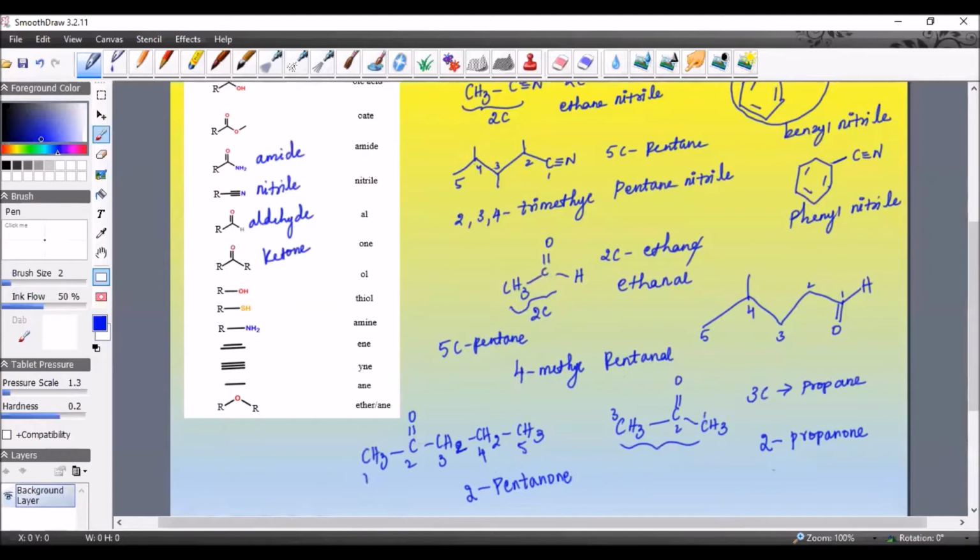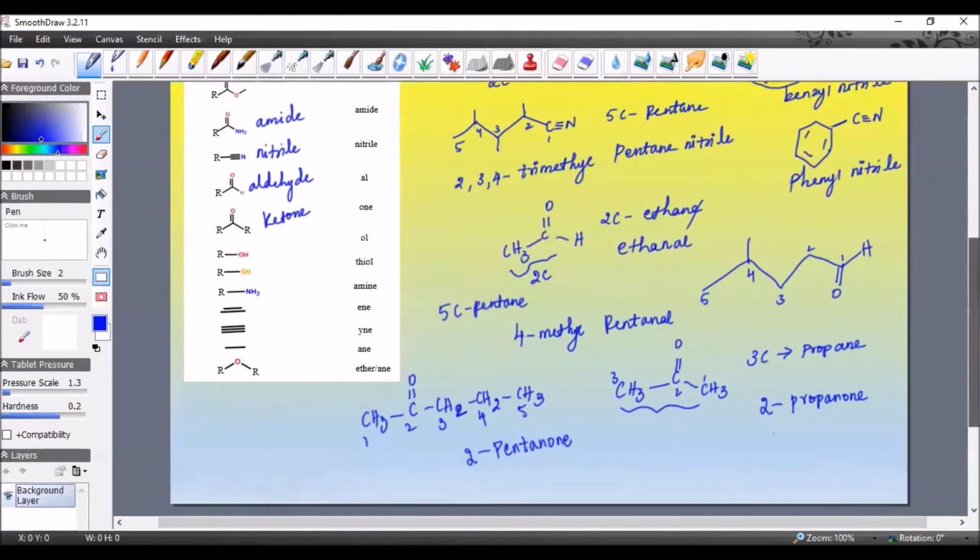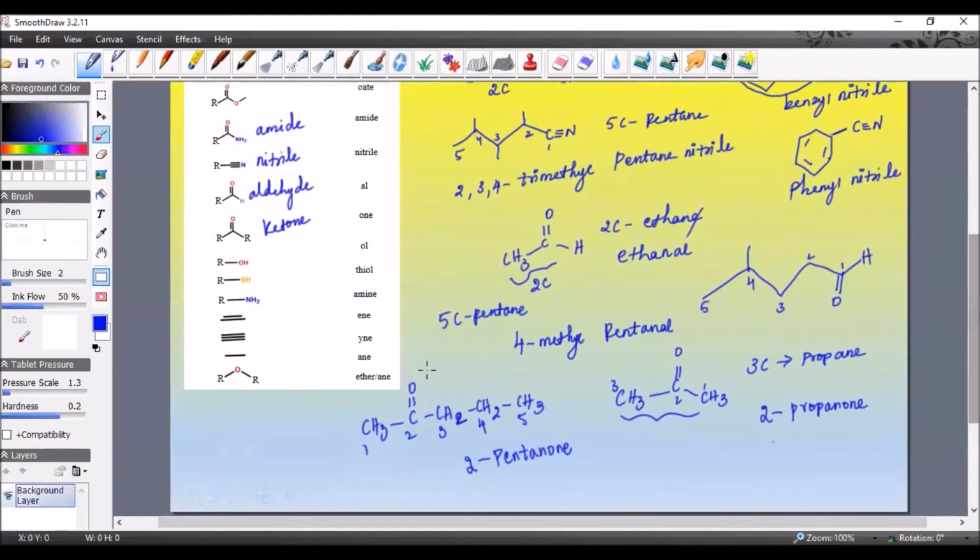And for alcohols, I'm running out of space here. I'm going to try to do my best to write maybe 1 or 2 here. Alcohol is very easy, right? So let's say we have this. Okay. So you start numbering from the side that contains the OH group, which is the functional group.